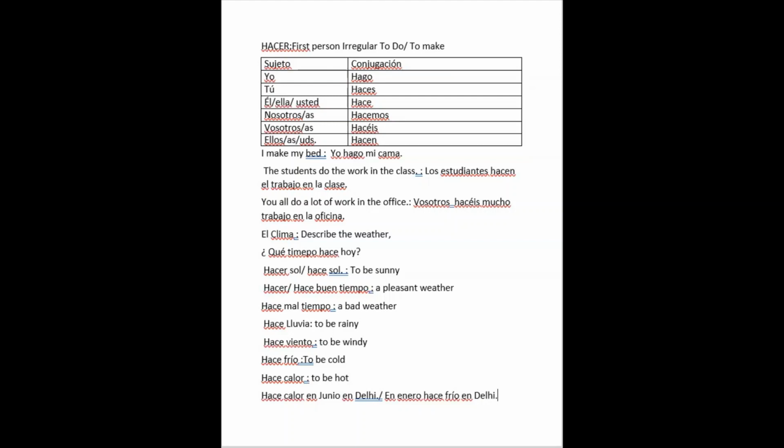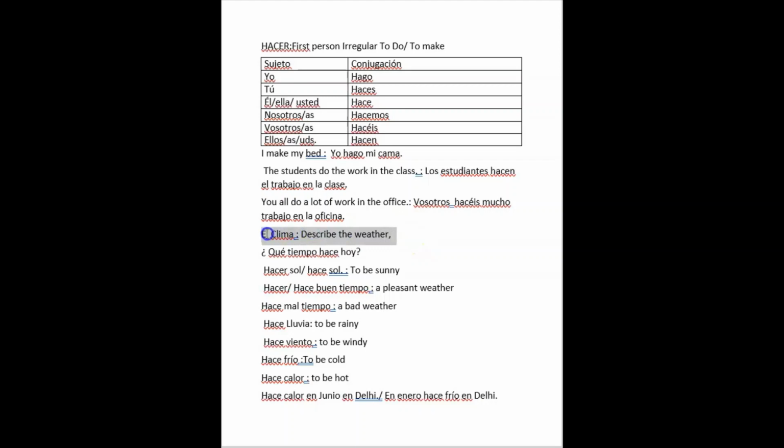Okay, so this is about the verb hacer. Hacer is a first person irregular verb which means to do or to make. The conjugation of the verb hacer is hago, haces, hace, hacemos, hacéis, hacen. We use that in the context of to do or to make. And a very important use of the verb hacer is to describe the weather.